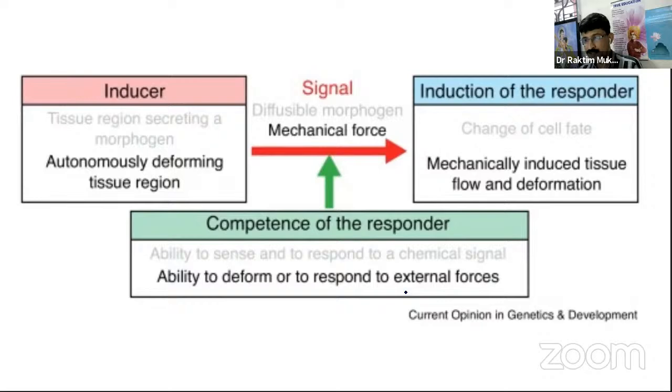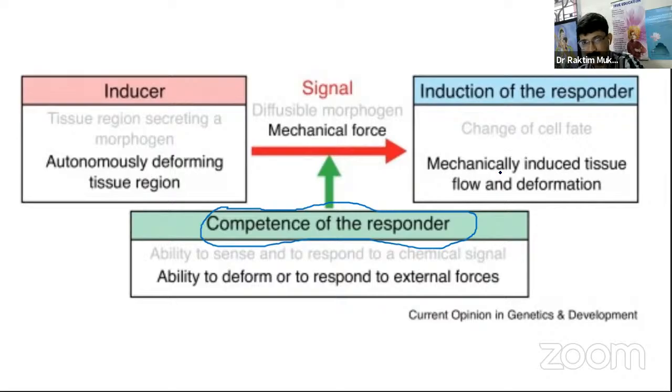This induces the responder, and for the inducer to signal the induction, you need competence of the responder. Just like the English proverb, you can take the horse to the shore, but you cannot force it to drink. Similarly, the competence of the responder is what determines induction.